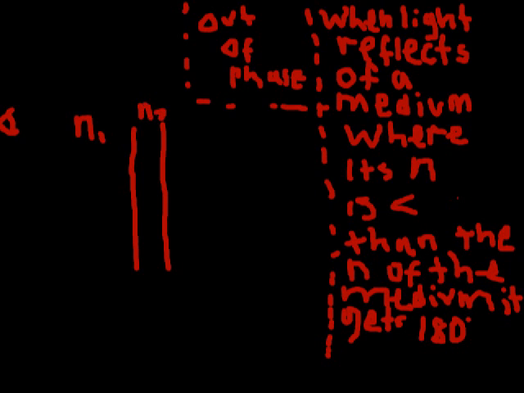If we assume light goes right on the normal, some of it will get reflected back on the same line, but just so you can see it, I'll draw it on a different line.